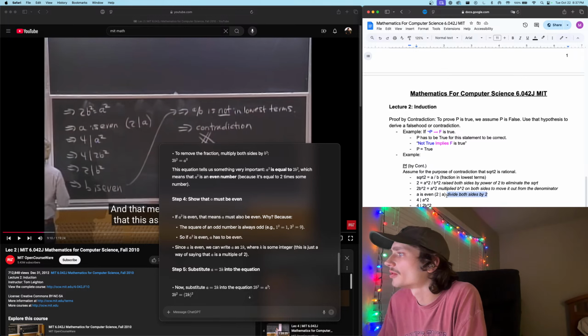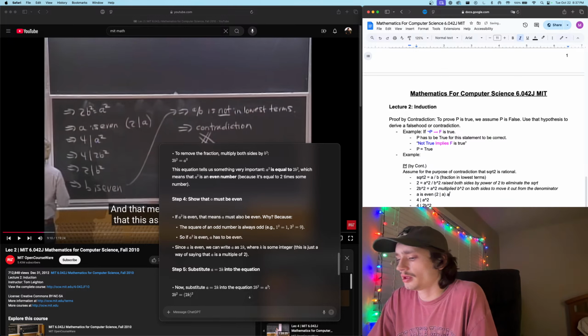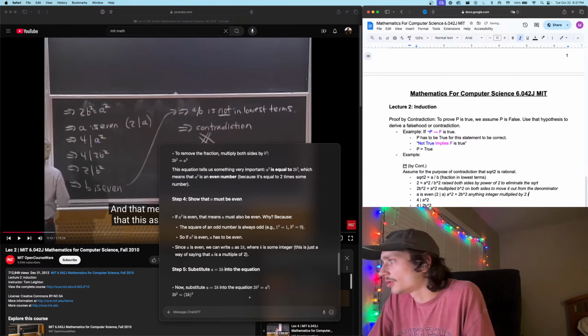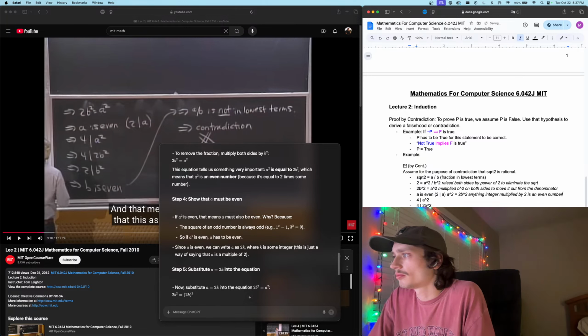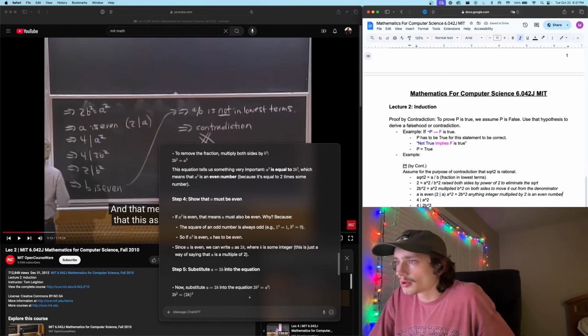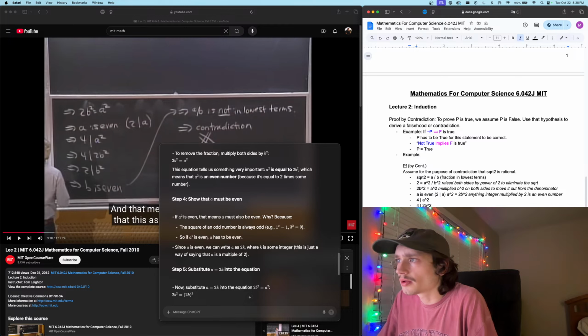Now divide both sides by 2. a to the power of 2 equals b to the power of 2. Any integer multiplied by 2 is an even number. Right?